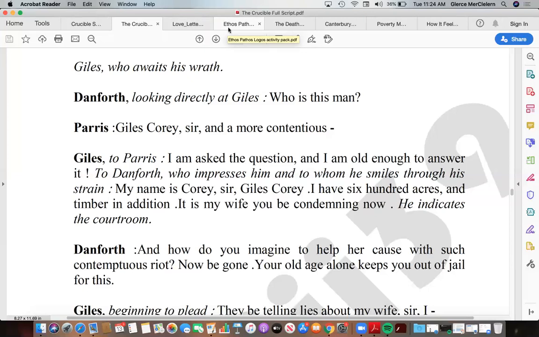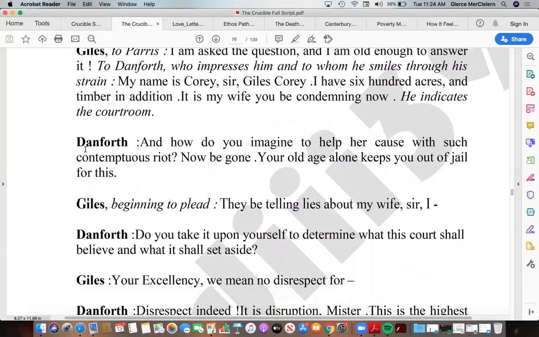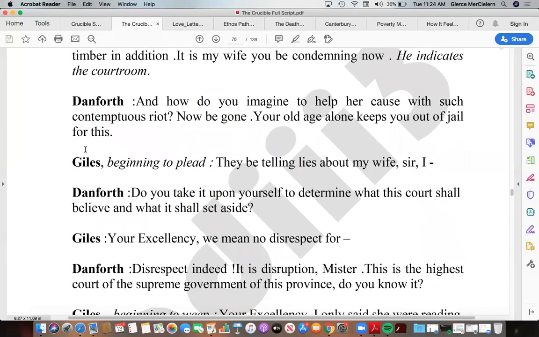And how do you imagine to help her? Cause with such contemptuous right now, be gone. Your old age alone keeps you out of jail for this. They be telling lies about my wife, sir.